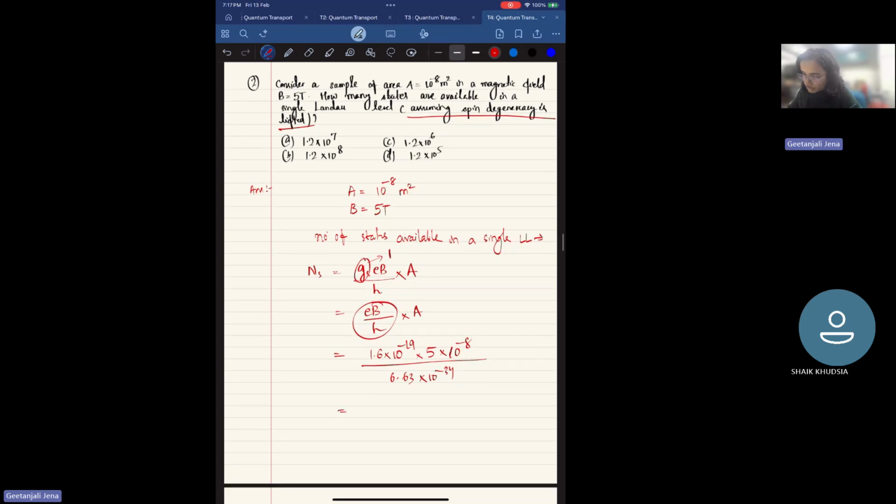So this will give 1.2 times 10 to the power 7. So this is approximately 12 million states per Landau level. Option A.